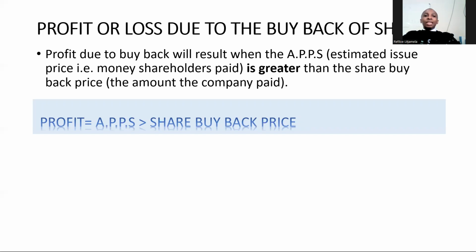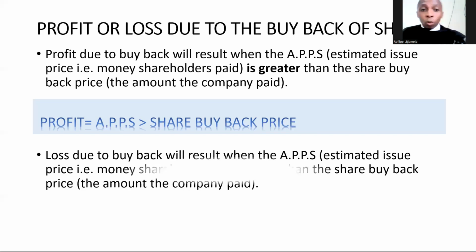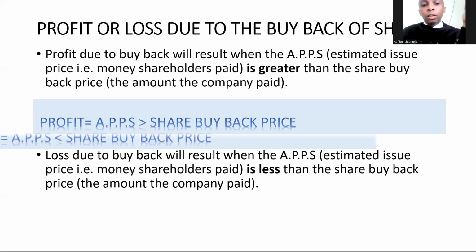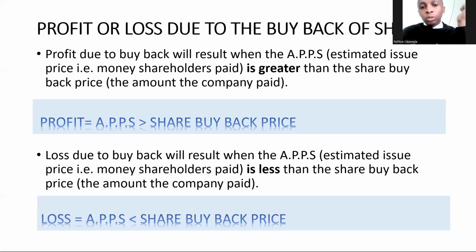Meaning that the company is returning to the shareholders an amount less than what it initially received from the shareholders. If the company returns more than what it actually received, then it will make a loss. Okay, so we pay more than what we actually received. Remember that APPS refers to the amount we initially received by issuing shares.